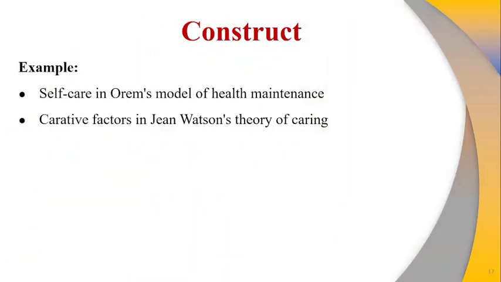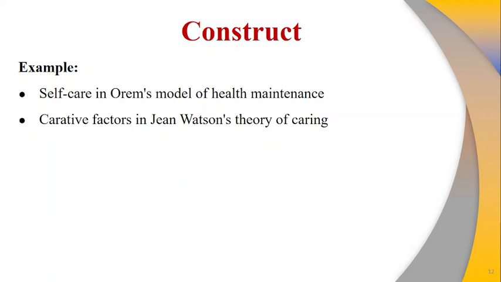An example of a construct, as I told you earlier, in Orem's theory, self-care is an invented word. Same way in Jean Watson's theory of caring, she has told a lot of concepts and constructs, but her main construct is caritas factors. Now, what is caritas factors? Under it, Watson has told 11 factors which are essential for a nurse when she is taking care of a patient.